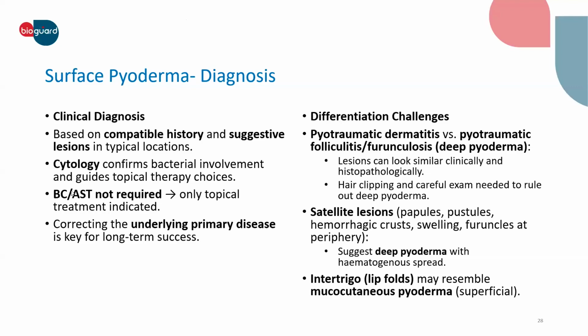Culture and AST are usually not required because it's only for topical treatment. And then we also need to find the underlying primary disease. That's the key for long-term treatment success.